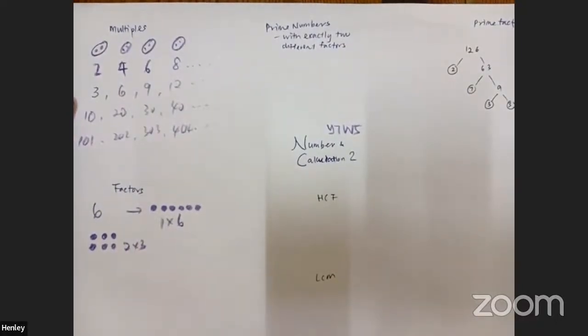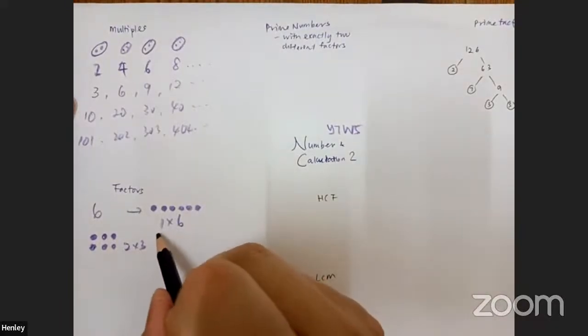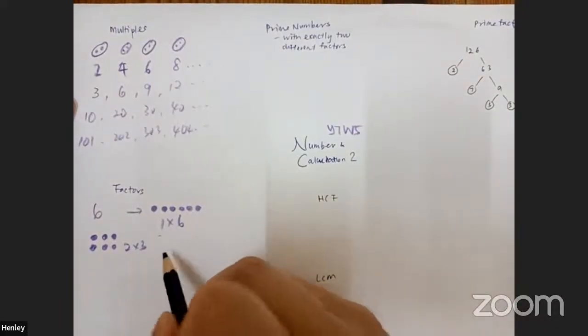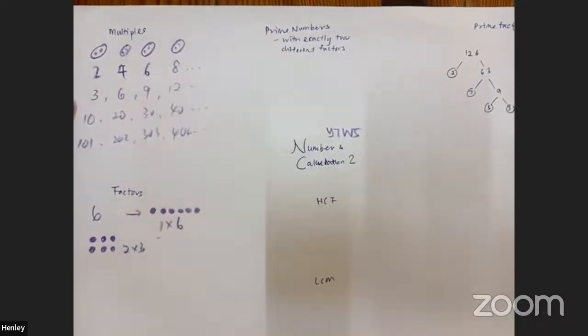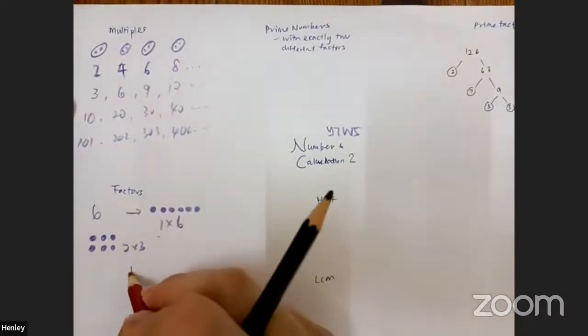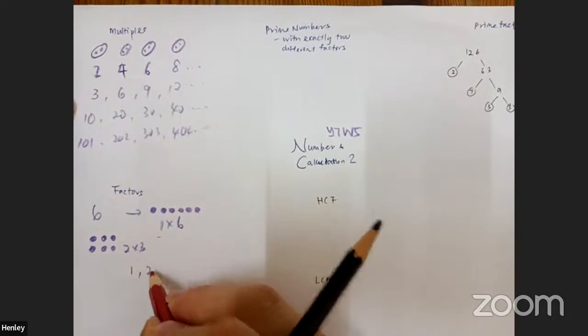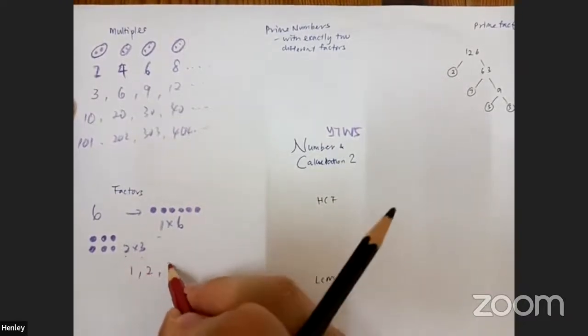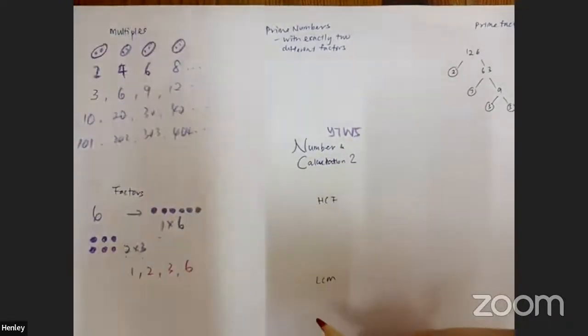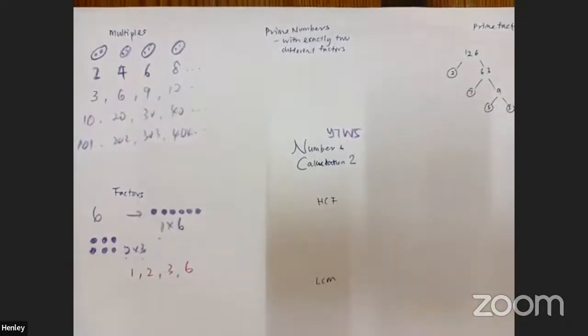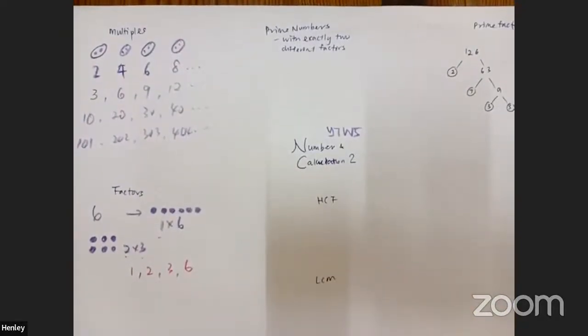So this arrangement allows us to know that there are 4 factors, which are 1, 2, 3, and 6. So these are all the factors.